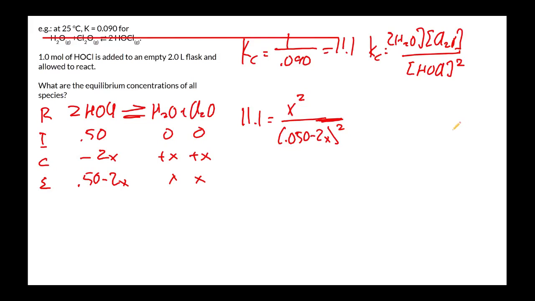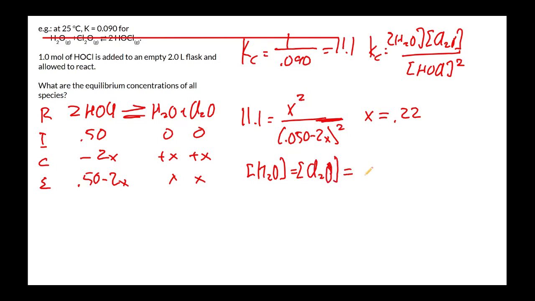This one's a little bit simpler to solve. We could take the square root of both sides, and then it's a simple algebra problem. But when you solve it, however you do that, you find out that x is 0.22. So we needed to know all the equilibrium concentrations. So the concentration of H2O is going to be the same as the concentration of Cl2O.